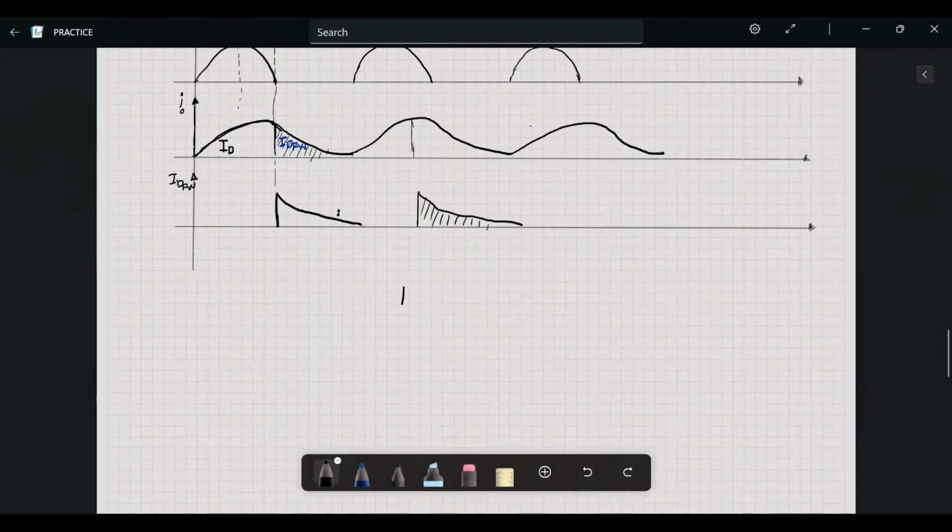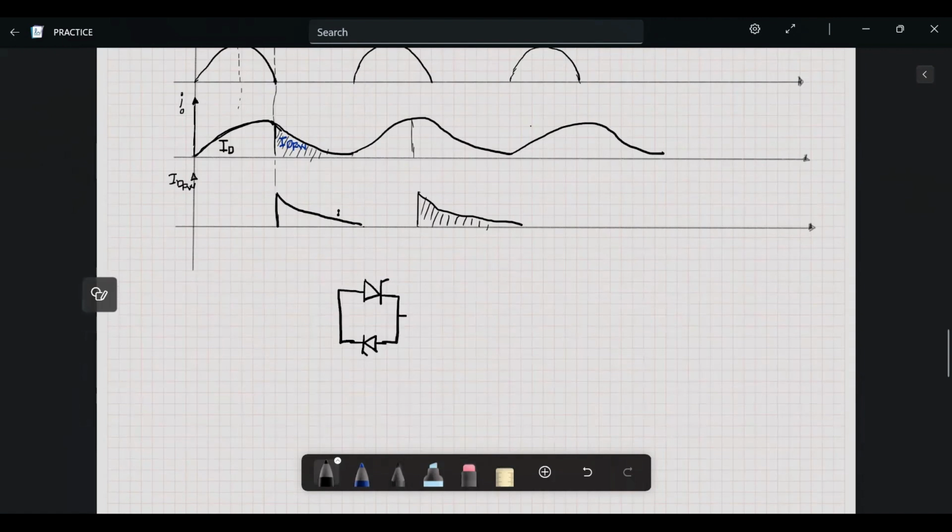One thyristor will be connected in this form, and another thyristor will be connected in this form. So get the cathode of this one and the anode of the other one, and connect them. Similarly, the cathode of this one and the anode of the other one, connect them like this.